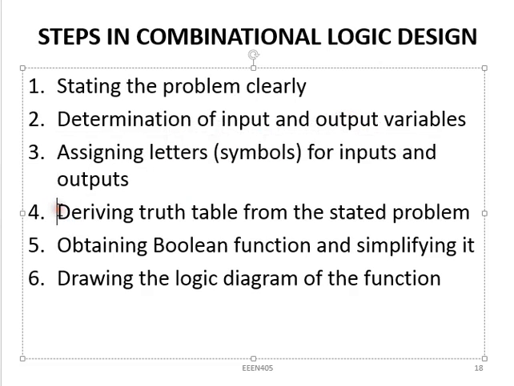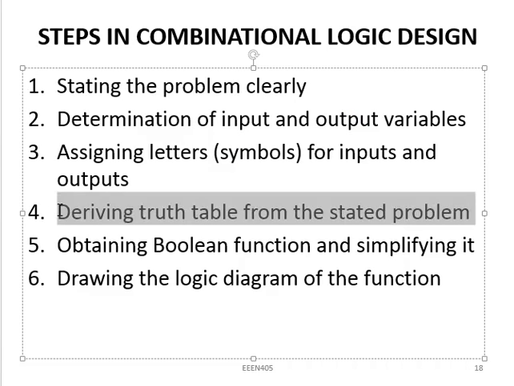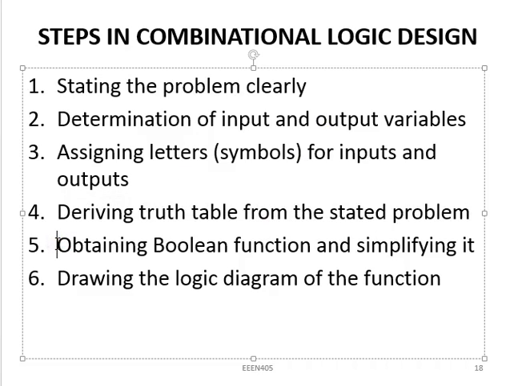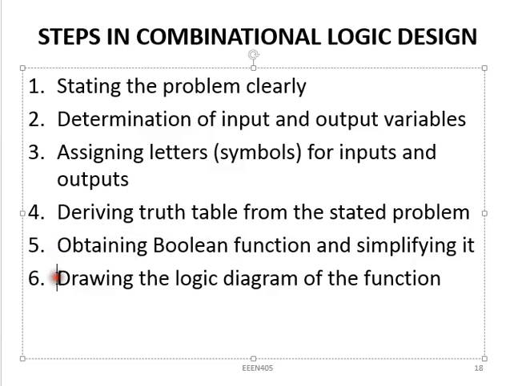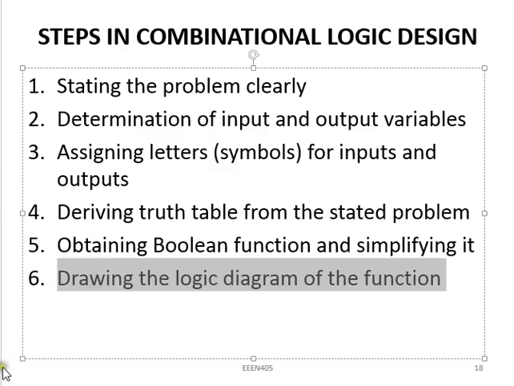Then step number 4, you use that information to derive your truth table from the stated problem, and step number 5 is obtaining the Boolean function by simplifying what you have from the truth table. And after simplifying, you use that simplified Boolean function to draw the logic diagram of the function.